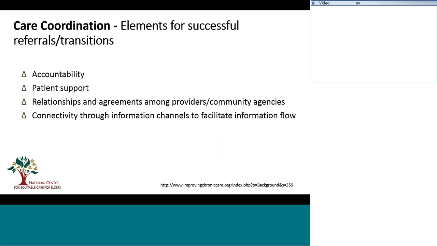And among the elements for successful referrals and transitions is assuming accountability, providing patient support, building relationships and agreements among providers, including community agencies, that can lead to shared expectations for communication and care, and developing connectivity, either through electronic or other information pathways, that can encourage timely and effective information flow between providers, between primary care providers, specialists, as well as community agencies.